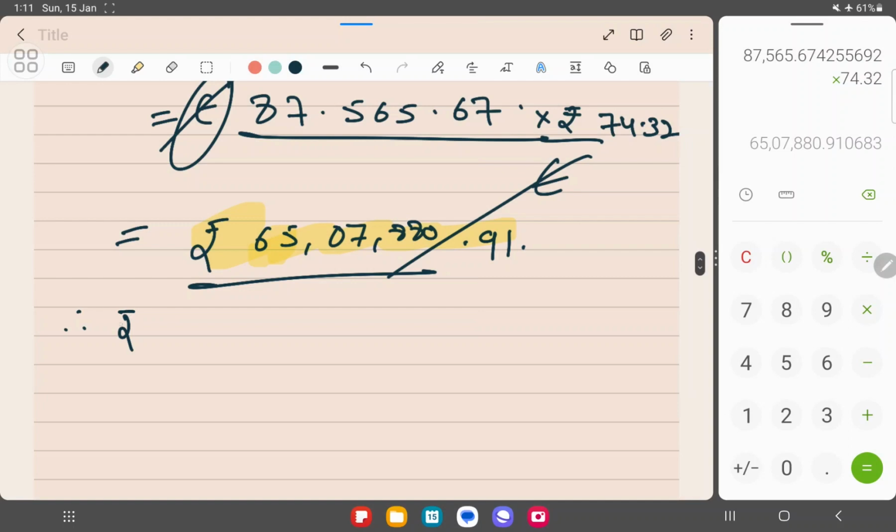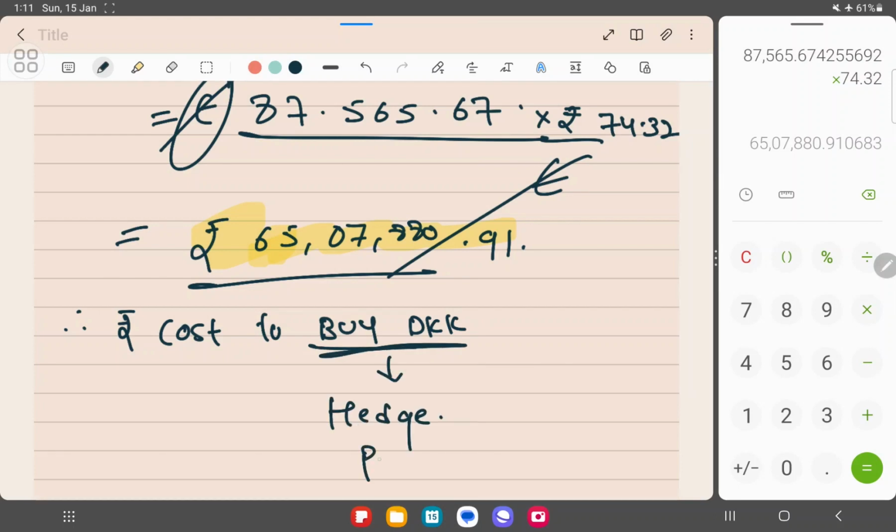Therefore, rupee cost to buy DKK. To buy DKK, this was basically the hedge position. If you check the flow of the solution, you'll get the answer there. Rupee cost to buy DKK is rupee 65 lakh 7,881.